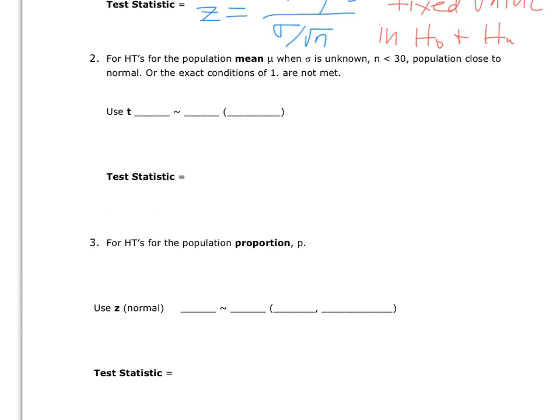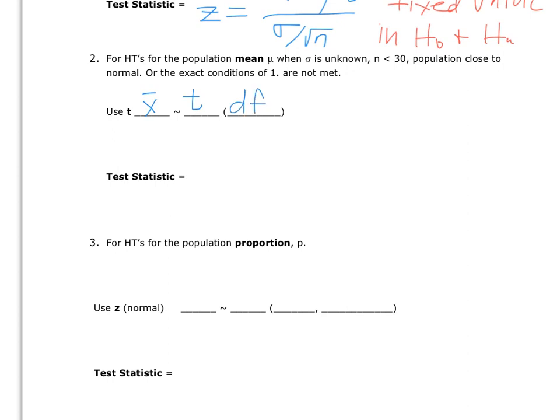Now, for hypothesis tests for population mean when sigma is not known, or we have n less than 30, but our population is close to normal, or the exact conditions of what we had previously are not met, then we're going to use t. Then we have X bar having a distribution of t, and it has degrees of freedom as its parameter.